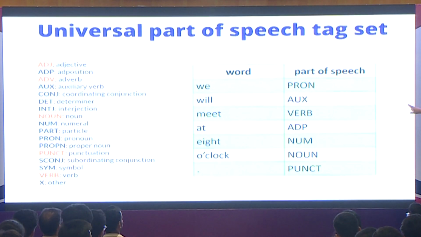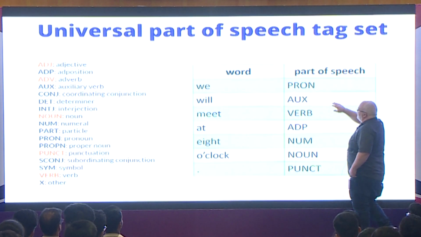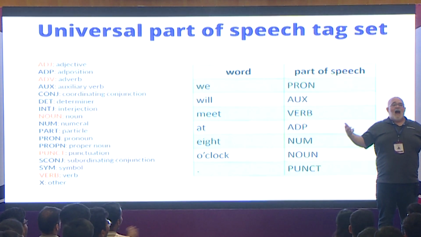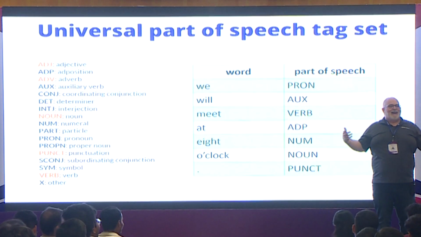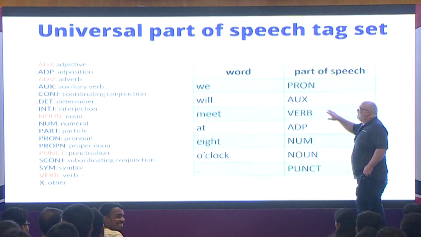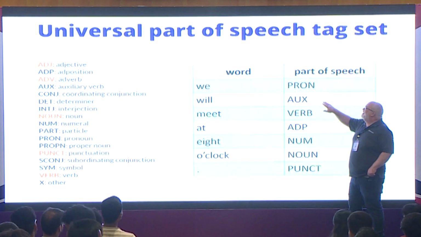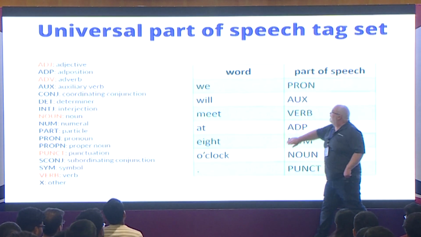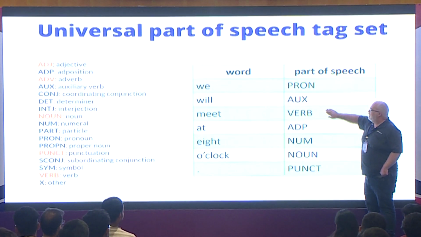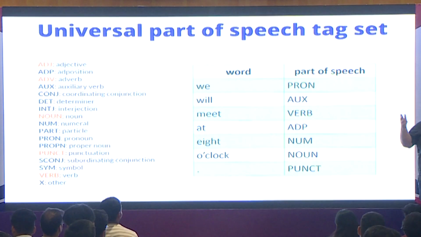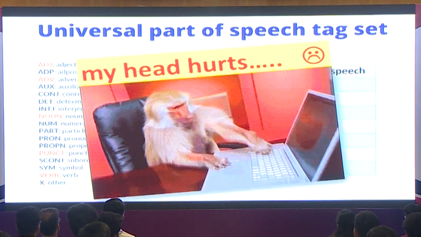So when we look at this, we can say, we will meet at 8 o'clock: pronoun, auxiliary, verb, adjective, number, noun, punctuation. So we can break it apart. Does that make sense?